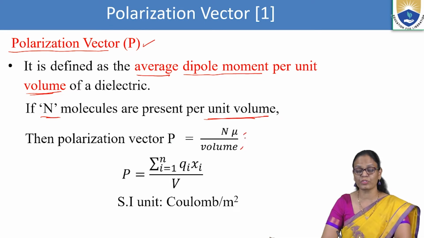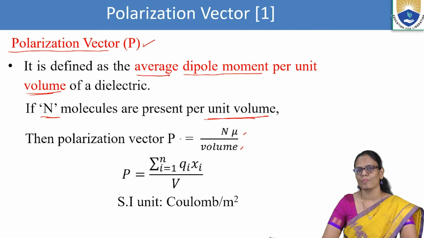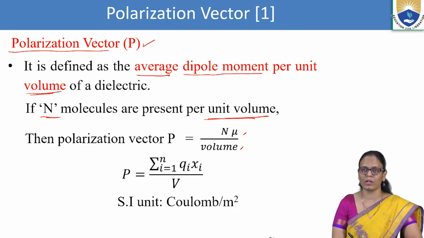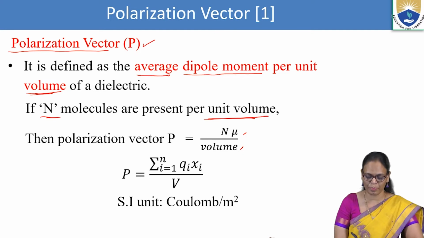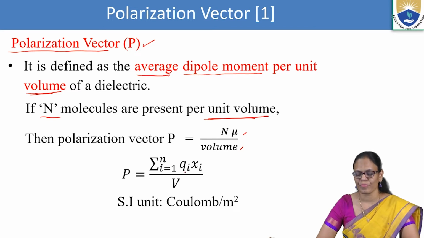upon volume. So we have to take the total number of molecules into consideration to calculate the polarization vector. Or there is another notation to represent this polarization vector P. So P is equal to sigma Qi into Xi, where Q is the charge and X is the distance.